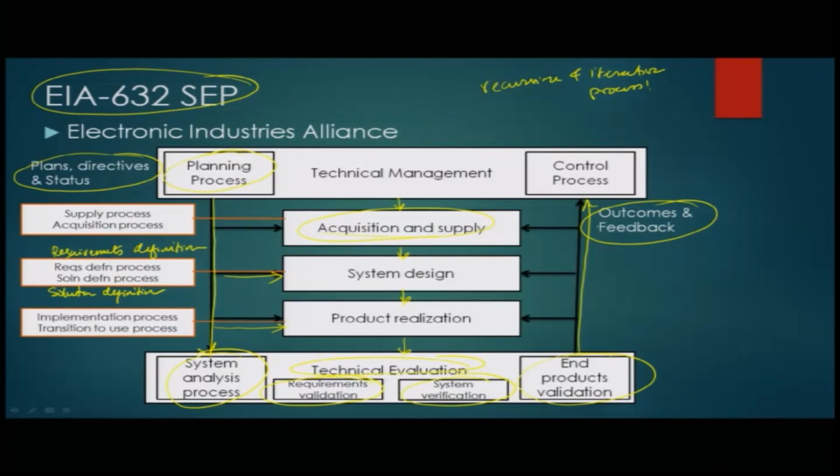The feedback goes into product realization, and it also goes back to system design and acquisition and supply. So, we go through this process like, come down, then go up, come down, go up. You might do multiple iterations to realize the system that meets the customer needs.